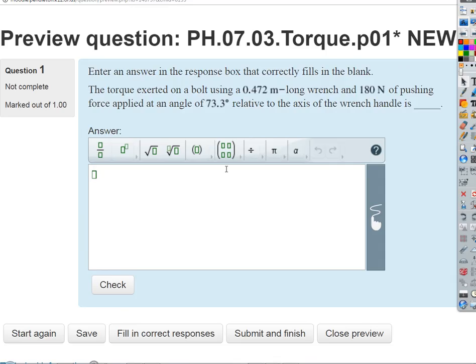Now it's telling me I'm using a 0.472 meter long wrench, 180 newtons of pushing force applied at a specific angle. What am I going to do? What's the formula going to be there? It's just a sine, the force applied by the sine. Yeah, good. So it's going to be 180 newtons times 0.472 times sine 73.3, right? Okay.